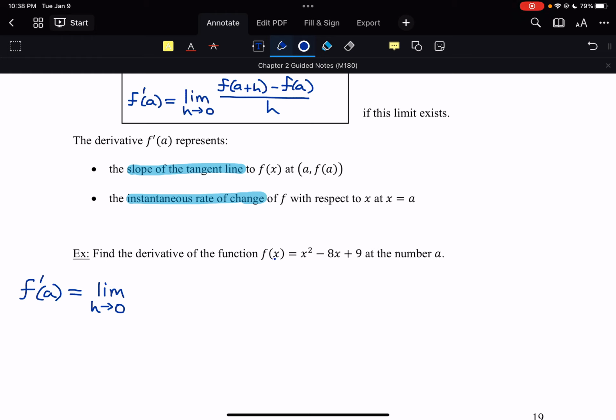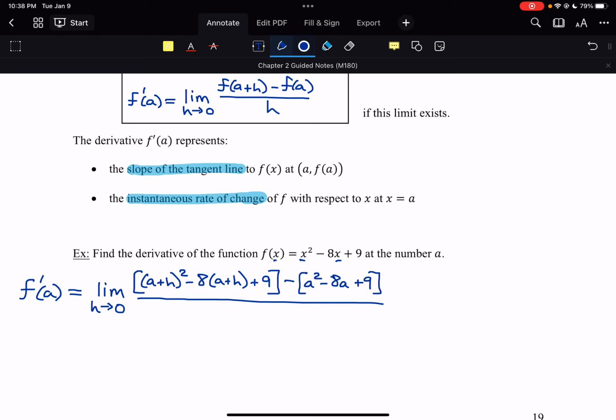So a plus h has to go in for all of these x's here. So I'm going to make some bigger brackets here. So that's a plus h squared minus 8 times a plus h plus 9 minus f of a. So that's a squared minus 8a plus 9 all over h.